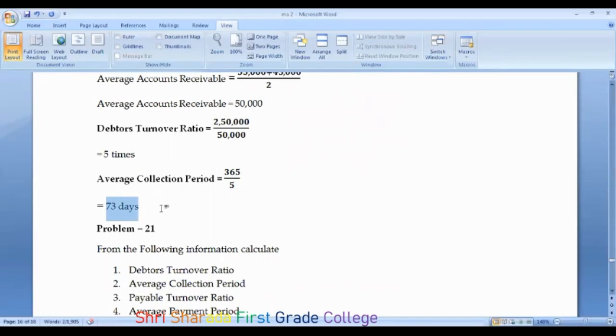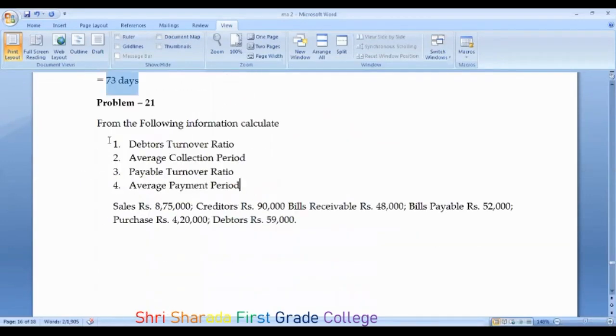Okay. So now, moving on to the concept of creditors turnover ratio as well as average payment period. Okay. So from the following information, calculate debtors turnover ratio, average collection period, payable turnover ratio, and average payment period. See, listen, whenever there is a debtors turnover ratio, only two pieces of information are given. Receivables, opening and closing, are given, along with the credit sales.